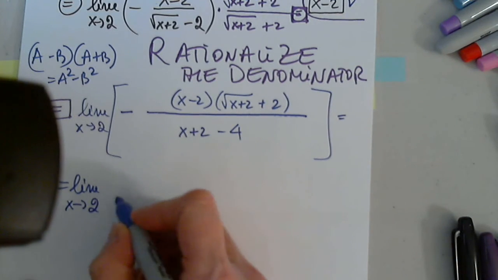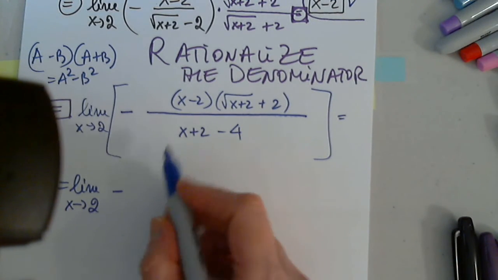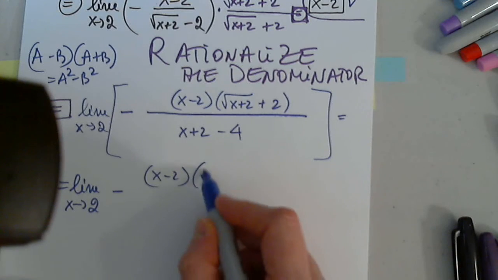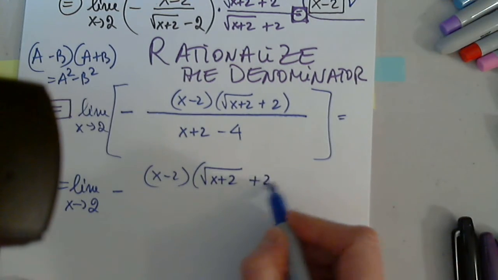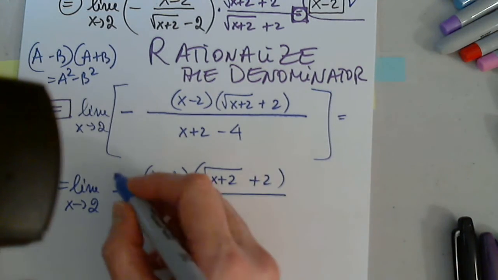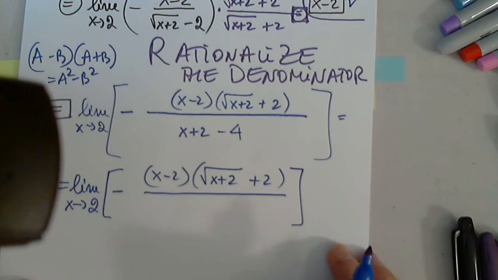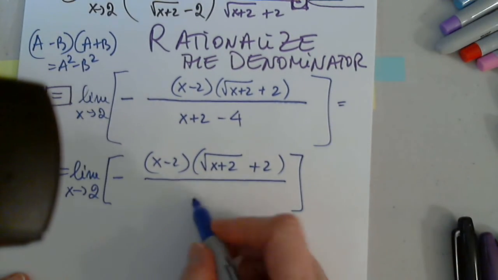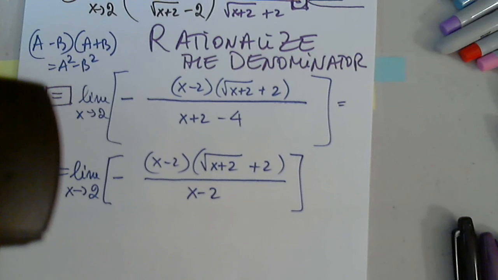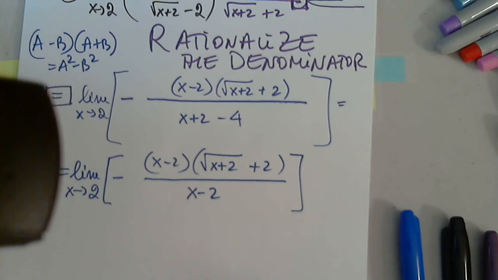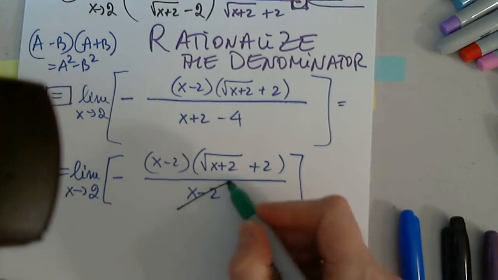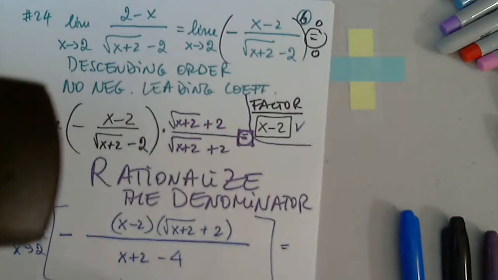Okay, when x approaches 2, negative. The numerator has x minus 2, has the square root of x plus 2 and plus 2. And now can anyone give us the denominator? x minus 2. Can anyone tell us what to do next? Cancel out x minus 2. Of course.